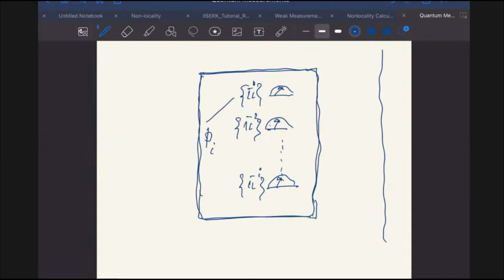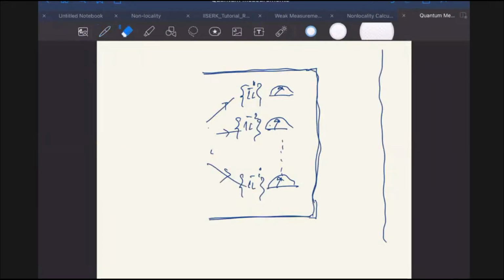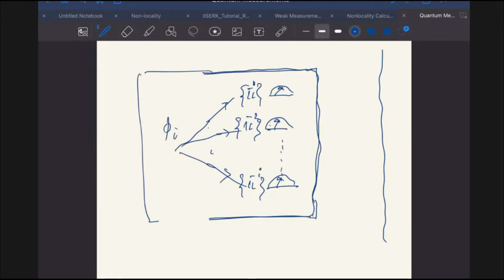Now I'm describing what my setup is. Let me extend it a bit more, otherwise it will be confusing. So this is the whole black box, and this is the detection, 1, 2.